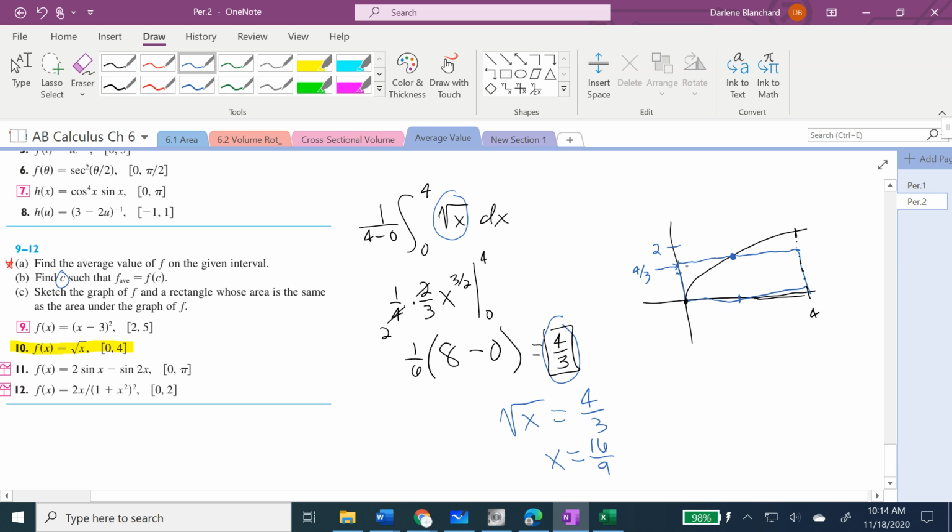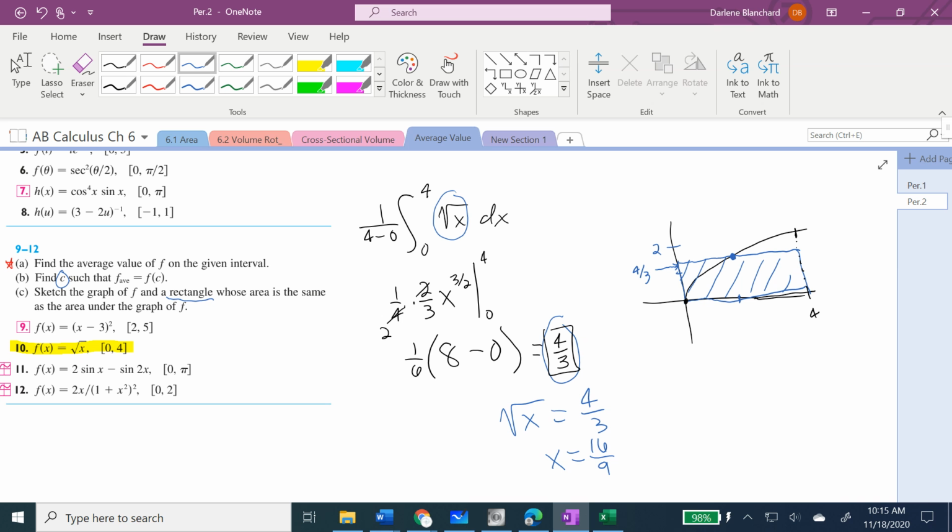Cut it off at your x-axis. And this is the rectangle that it is talking about. So sketch the graph of f and a rectangle whose area is the same as the area under the graph of f. So that's what you're going to do. You don't have to shade, but, you know, there you go.